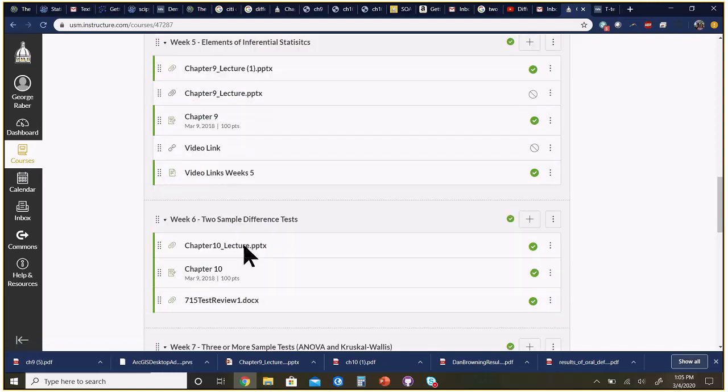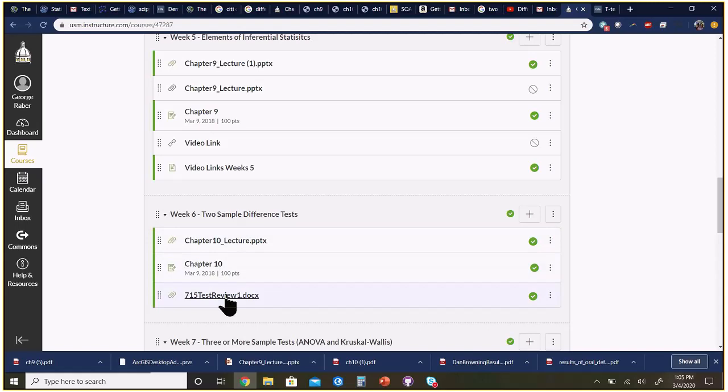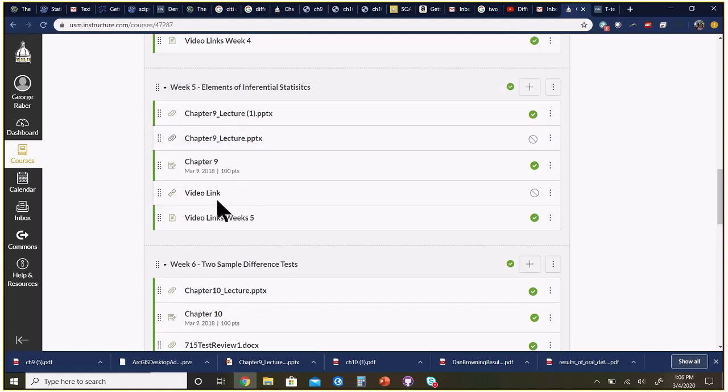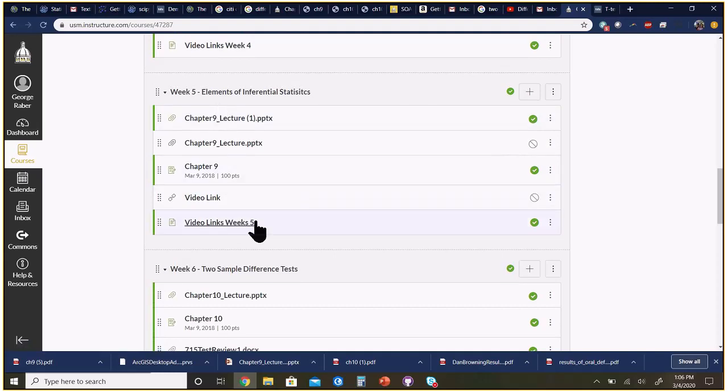Now the test actually won't cover what we're going to talk about today. The test won't cover the two sample part. So the test will stop here. But really, what we're covering here in week 9 or week 5, which is chapter 9, that concept will be repeated throughout the course.